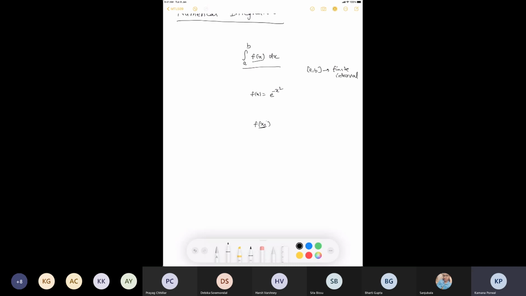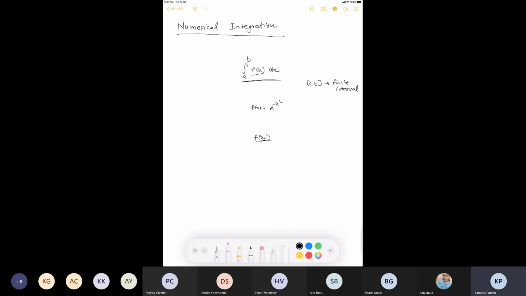What you know is the evaluation of the function at certain points, and using that information, I want to find an approximate value of the integral of f. In those cases also, the numerical methods which we are going to see in this section are going to be useful.